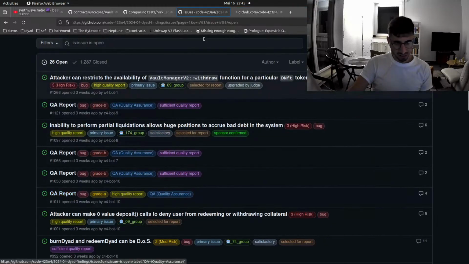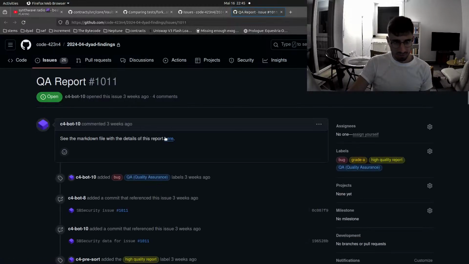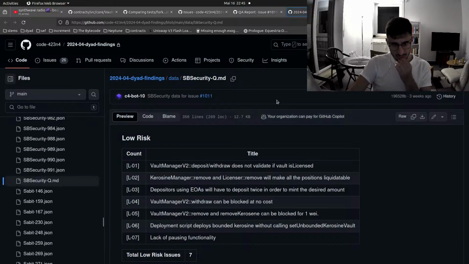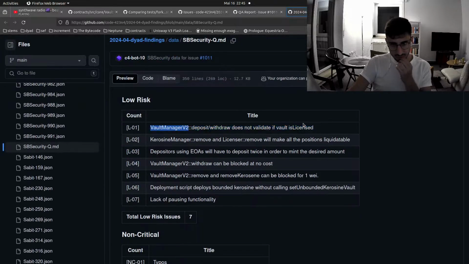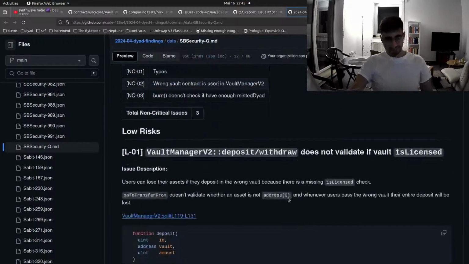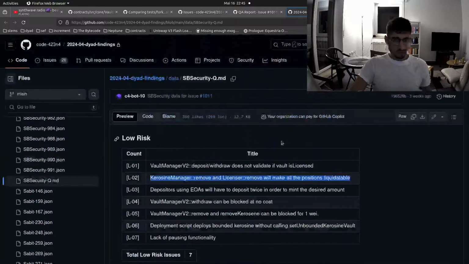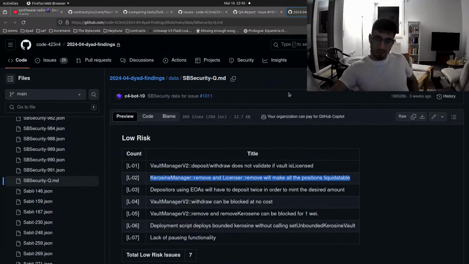Okay. QR report. Yeah, these are basically all the user errors that we never check for.